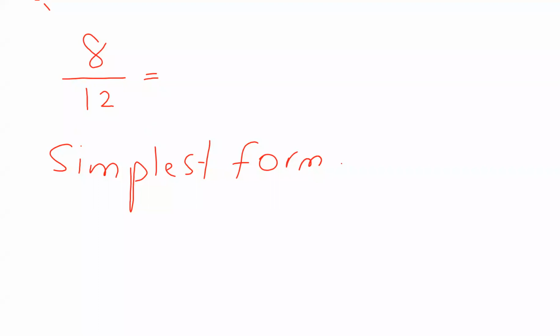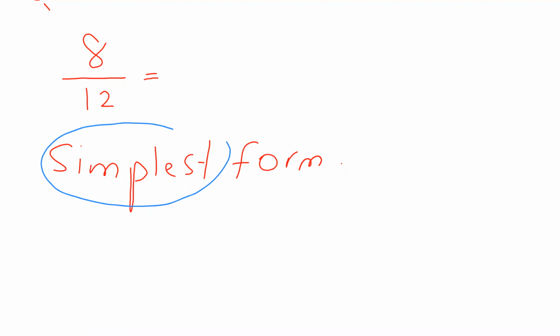Okay, let me tell you this. Here, I have 8/12, and I want to put it in the simplest form. Simplify means that these numbers in front of you are going to get smaller. So the numbers must get smaller. 8 and 12, both numbers, exactly.